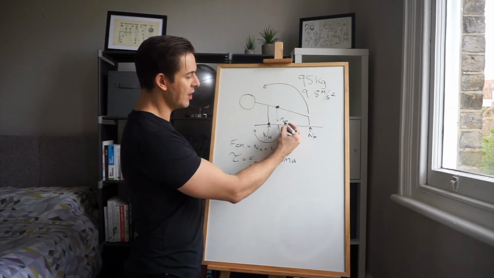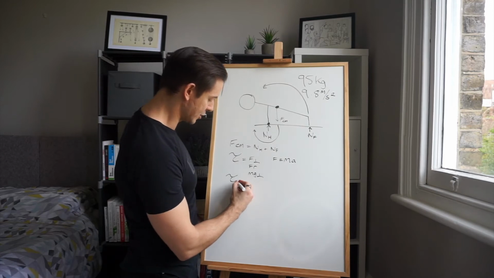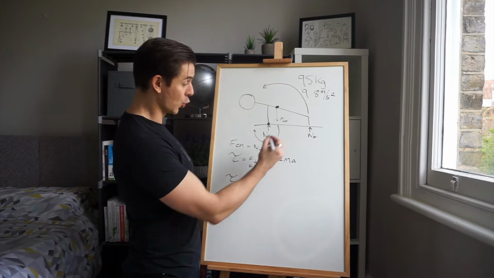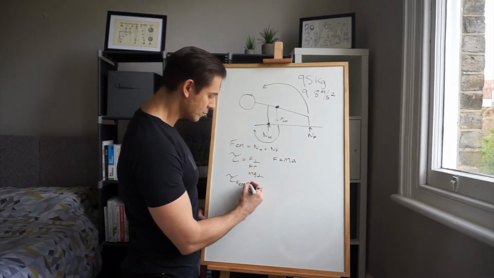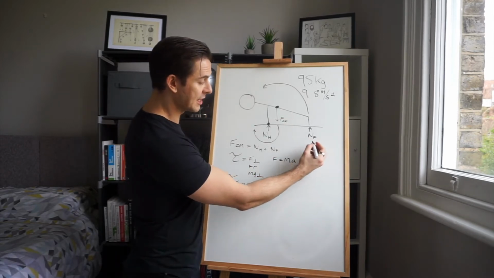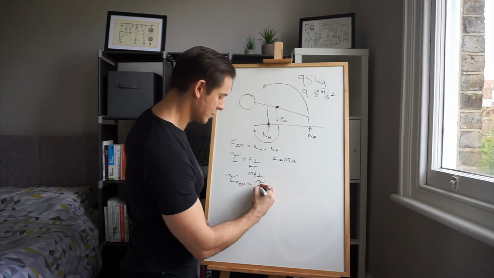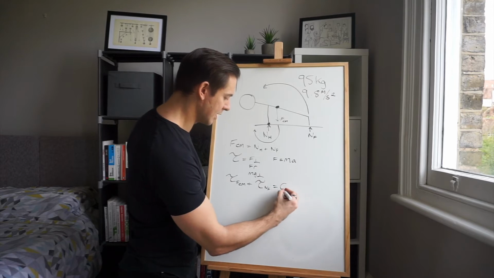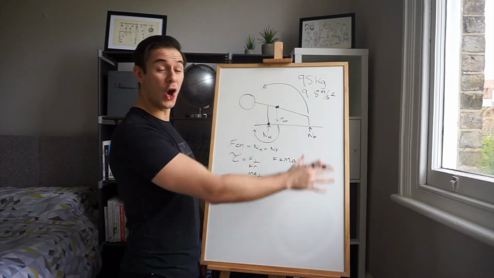So the torque provided by the force from the center of mass, so T, F sub CM, which I'm going to write, plus the torque provided from the normal force on the foot, must equal 0, because I'm not going anywhere.